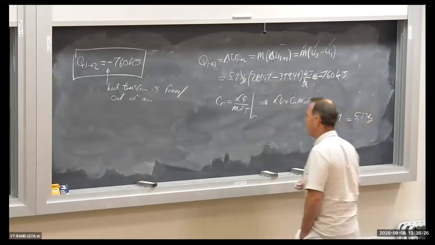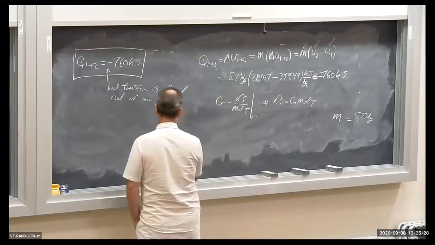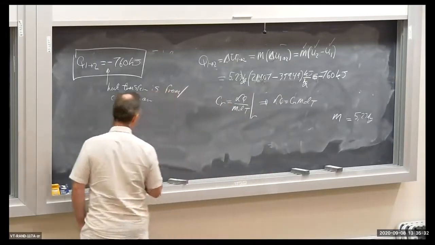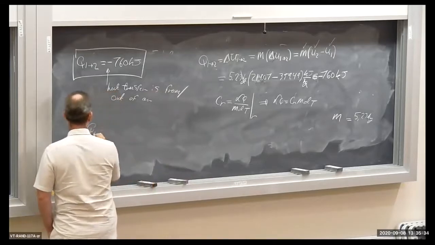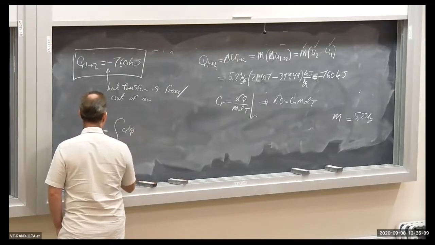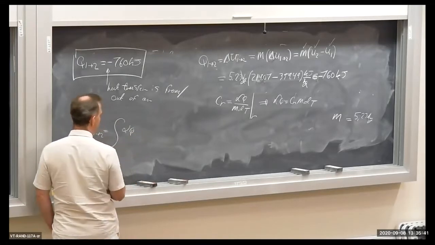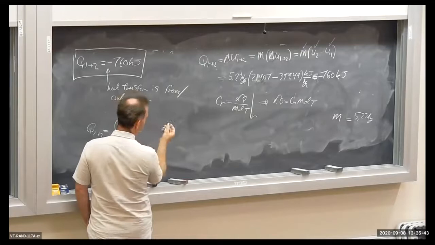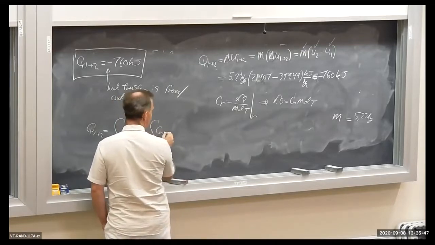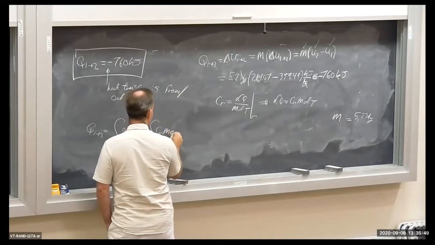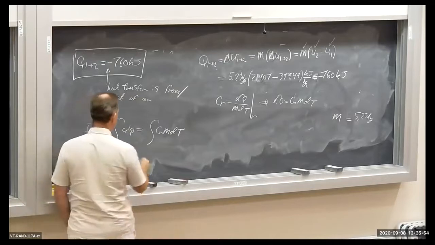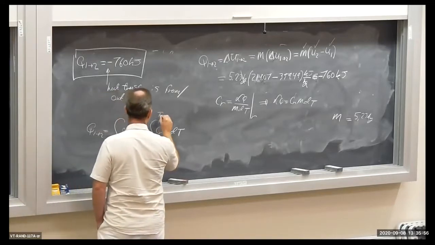And I can integrate that. So Q1 to 2 is equal to the integral of delta Q from state 1 to state 2, which is equal to the integral of specific heat at constant volume times the mass of my system times dT, from T1 to T2.